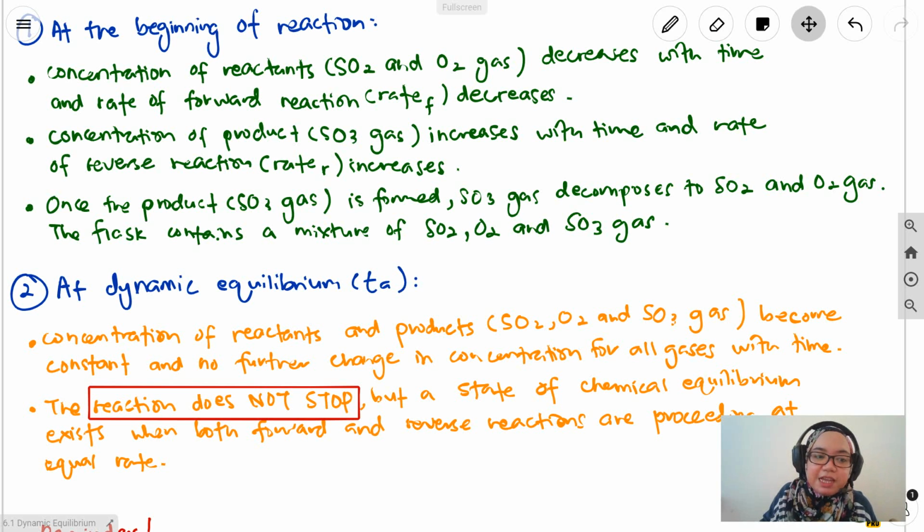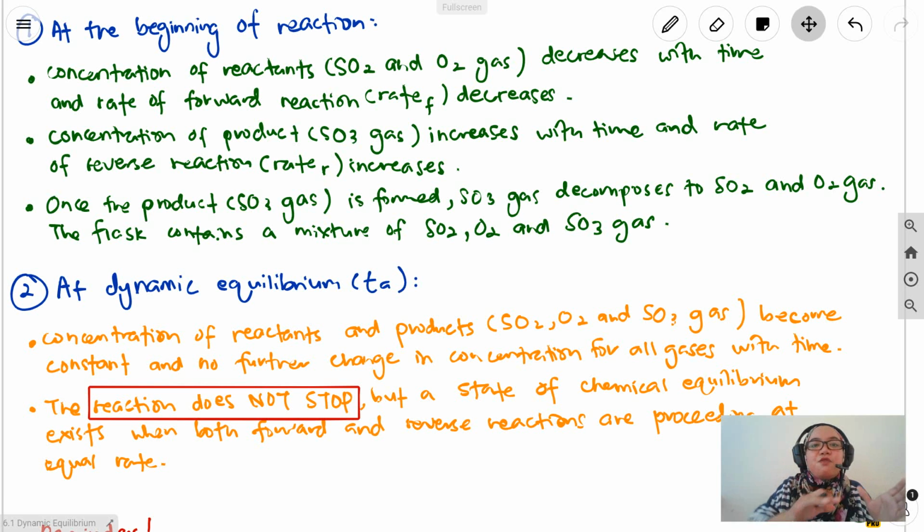Then you have to explain at the dynamic equilibrium. So at dynamic equilibrium, the concentration of reactant and product become constant and no further change in concentration for all the gases with time. The reaction does not stop, but a state of chemical equilibrium exists when both forward and reverse reactions are proceeding at equal rate.